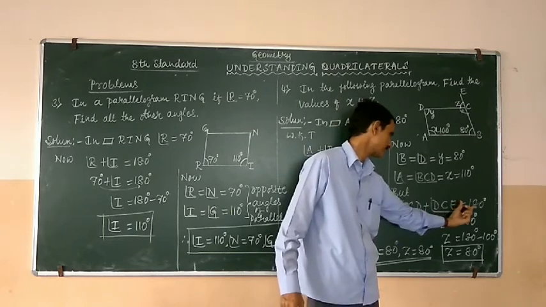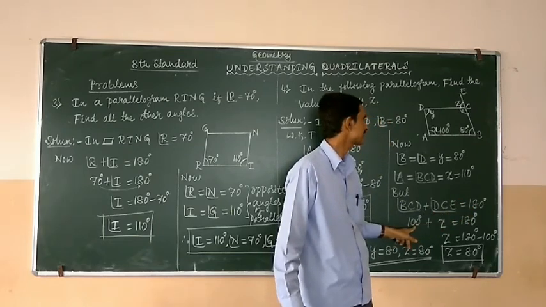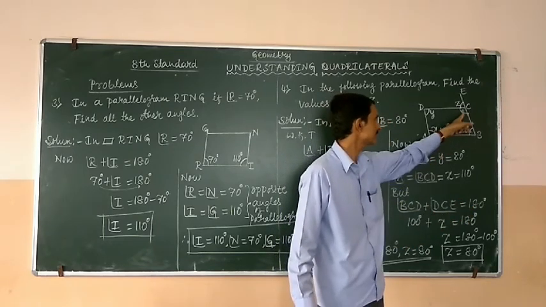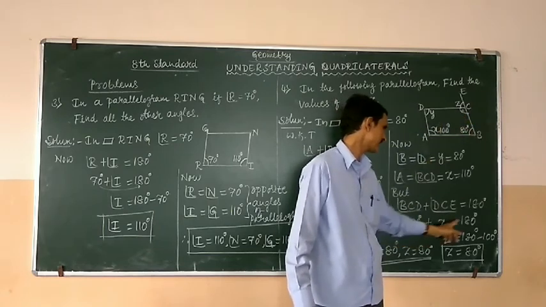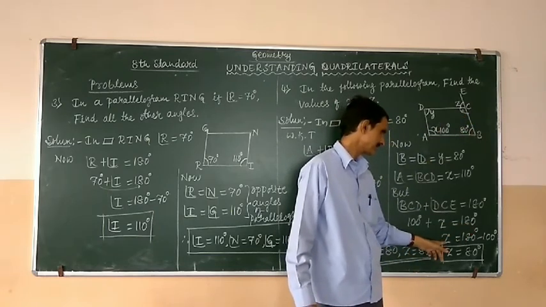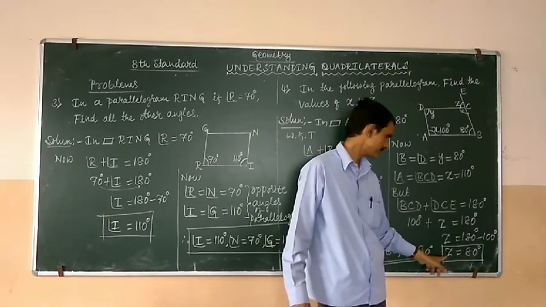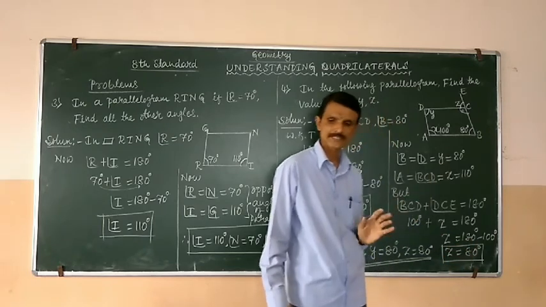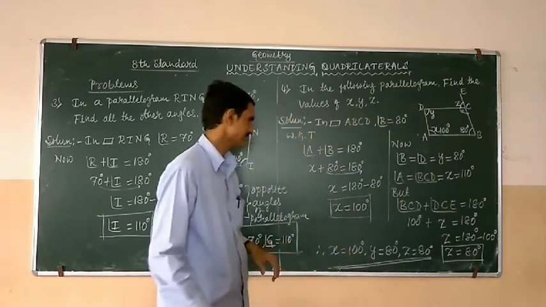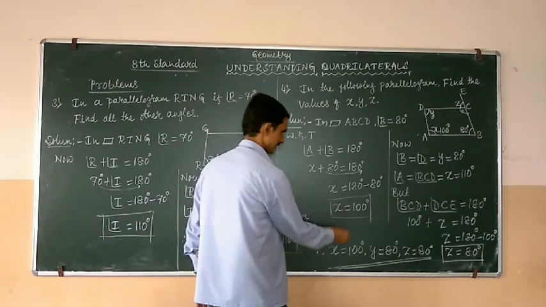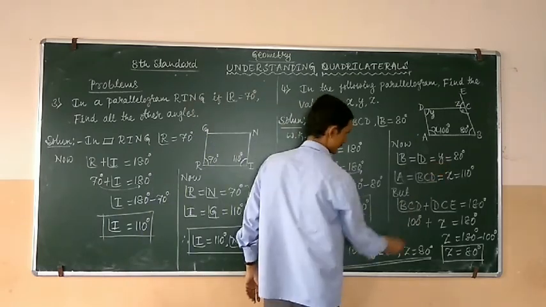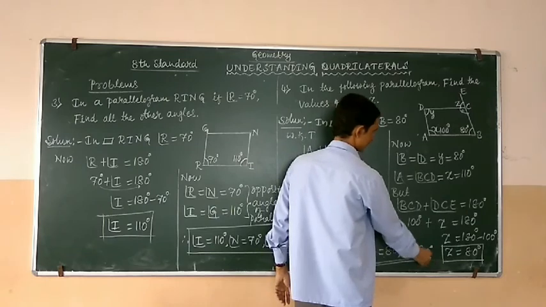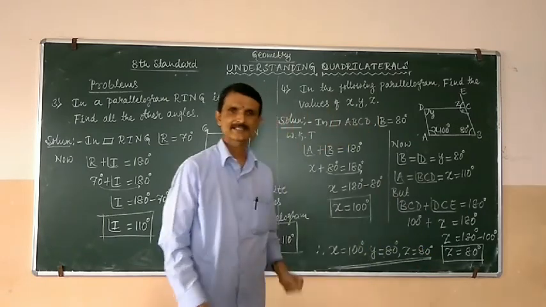BCD plus BCE equals 180 degrees. So if this is 100, then 100 plus z equals 180 degrees. If you transfer and simplify, you will get the value of angle z equals 80 degrees. Therefore, x equals 100 degrees, y equals 80 degrees, and z is also equal to 80 degrees.